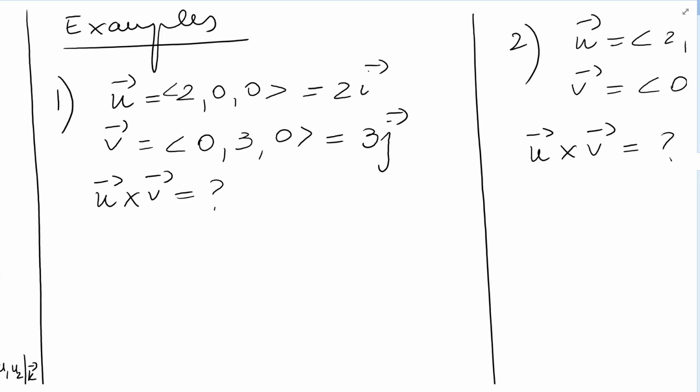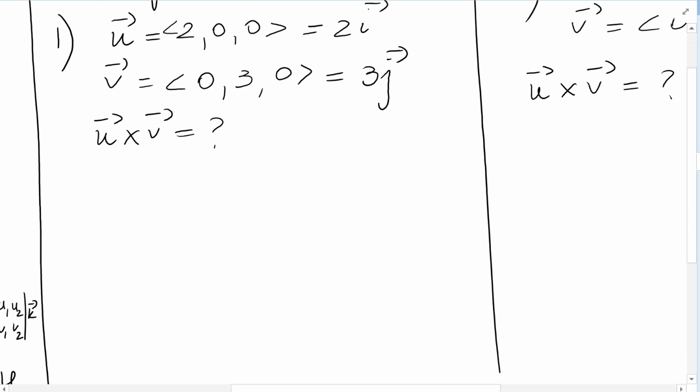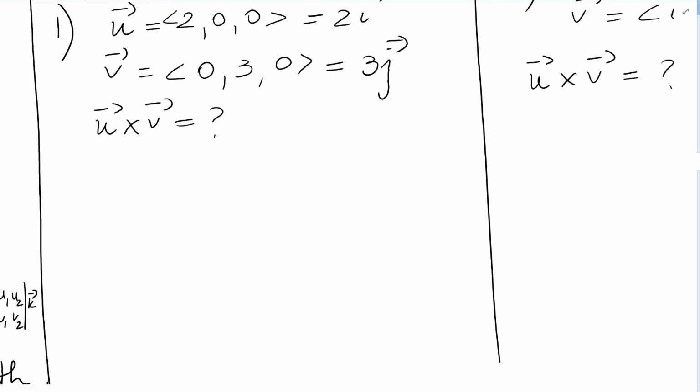We have vector u, written in component form as 2, 0, 0, or 2i, and v as 0, 3, 0, or 3j, and we want to find u cross v. I'm going to draw this in 3D just to see how they look.